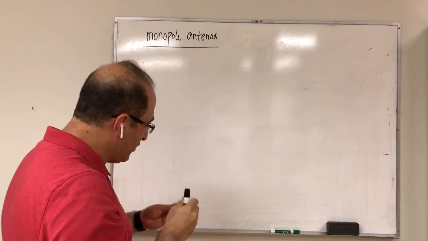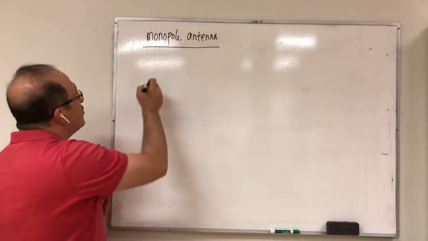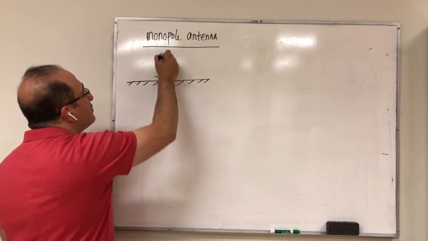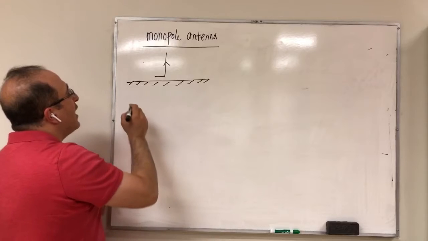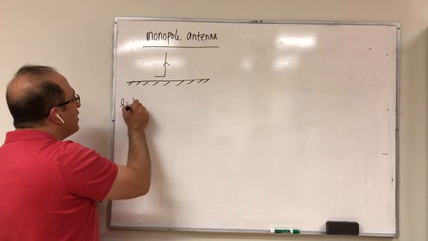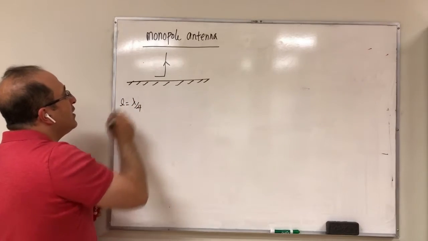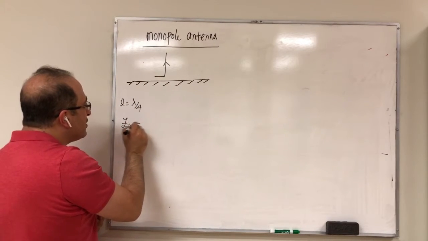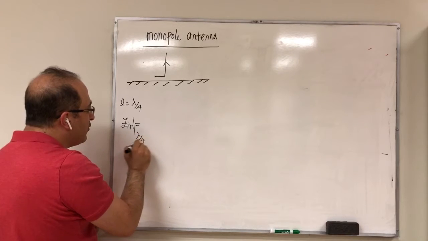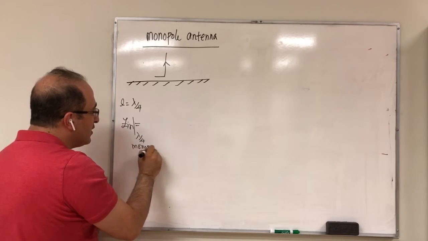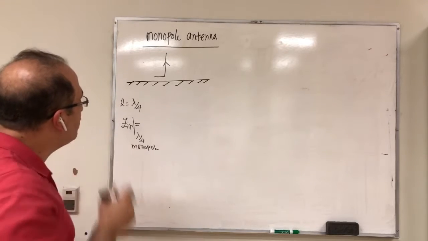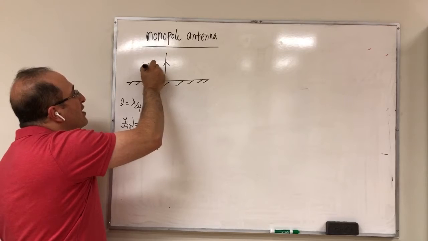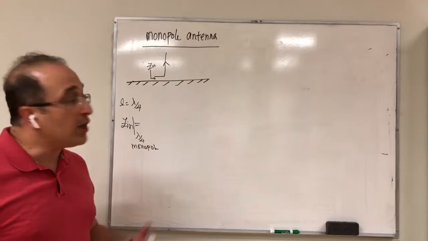Let's assume that I have a monopole antenna, and the length of the monopole antenna is lambda by 4, and I want to know what the input impedance of this lambda by 4 monopole is. So the input impedance is the impedance seen from here. So what would you do?